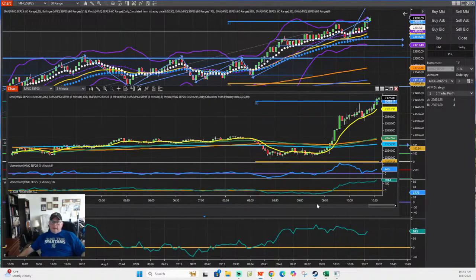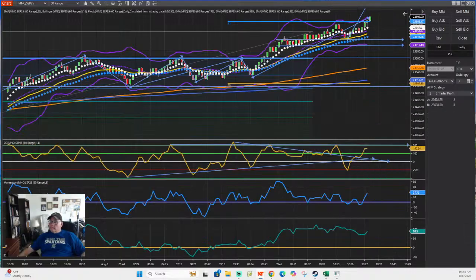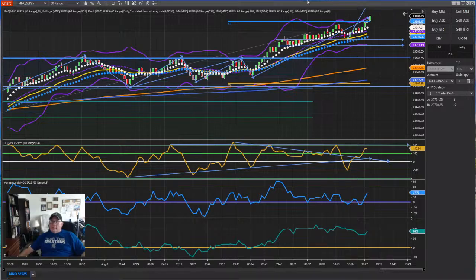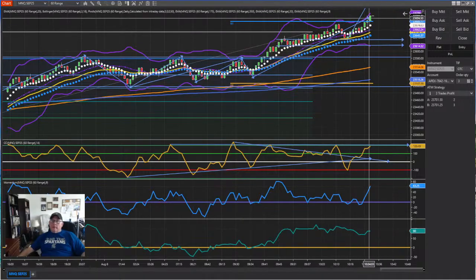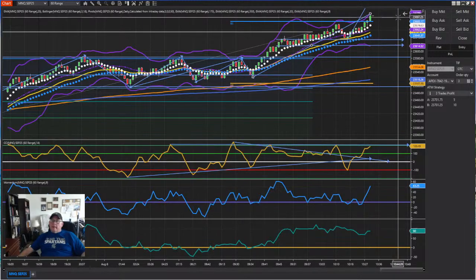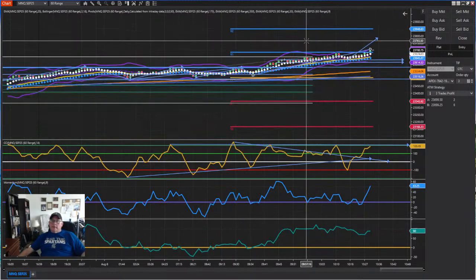So I have this off screen looking as well. It's a pretty nice solid move going above R1 right now. So I guess we could say this is a continuation of the 5 point, and we had a signal somewhere up here for 9p.